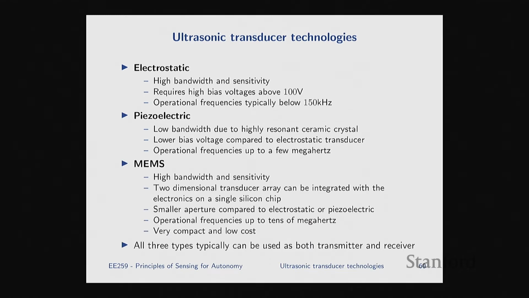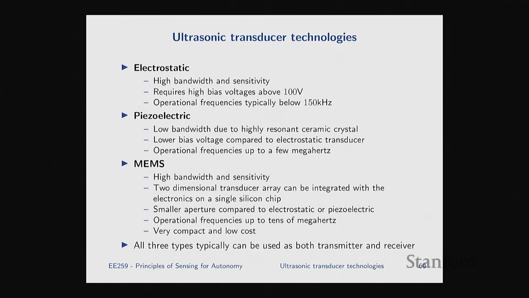And finally, you have your MEMS transducers. These have very high bandwidth, very good sensitivity, and they can operate at extremely high frequencies, up to tens of megahertz. They're super compact, and they have all the benefits of MEMS processing, like co-packaging your electronics with the transducer in one chip, and so on.